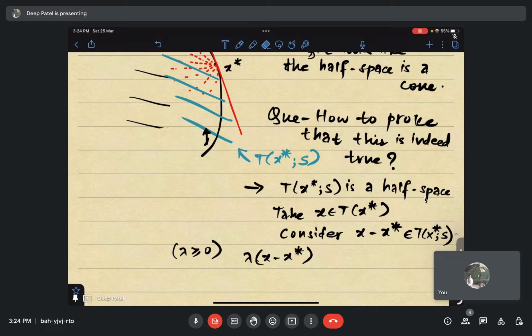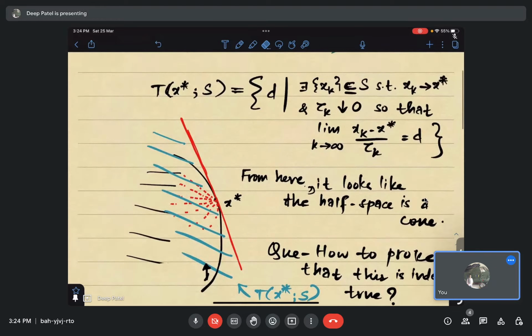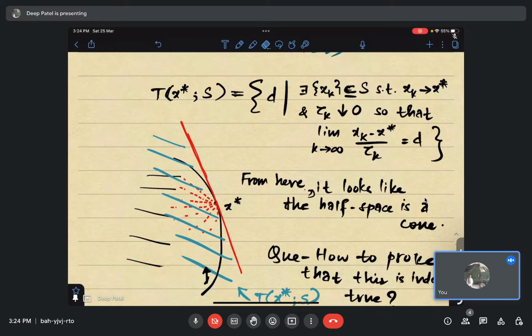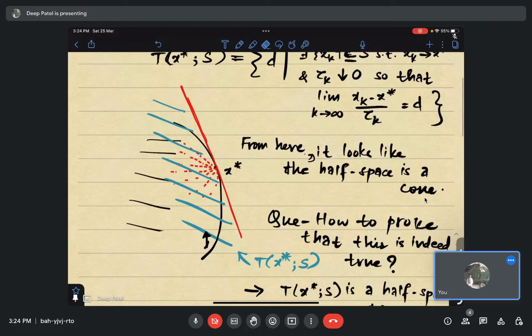This is intuitively true, but we have to formulate it in the framework of a cone. So what we have to show is the equivalence, that this actually happens to be a half space, right? Yes. So how would you characterize this half space in this case?